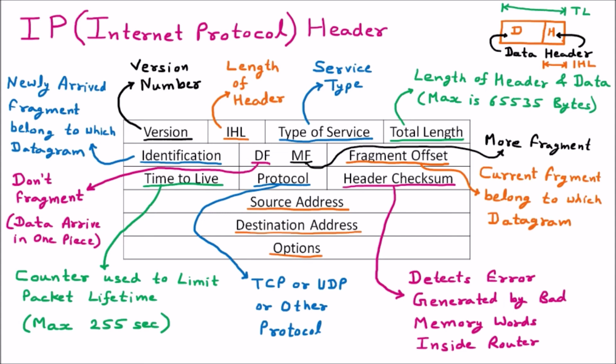This header contains so much information so that errors can be checked: the type of service, the version number, whether the packet is formatted or not, how long the packet will live, if it expires, which protocol it is serving, and whether it has fragments or not. So all this information is taken into the header, and afterward it is attached to the data and sent. So that is all about the IP or Internet Protocol header.